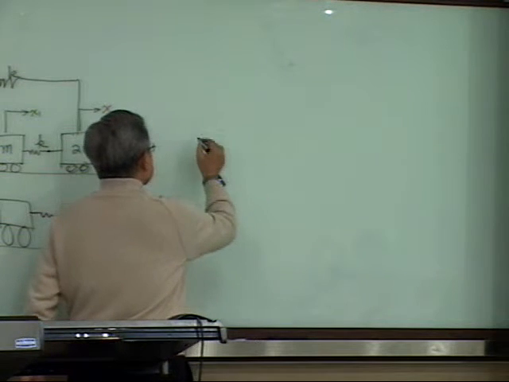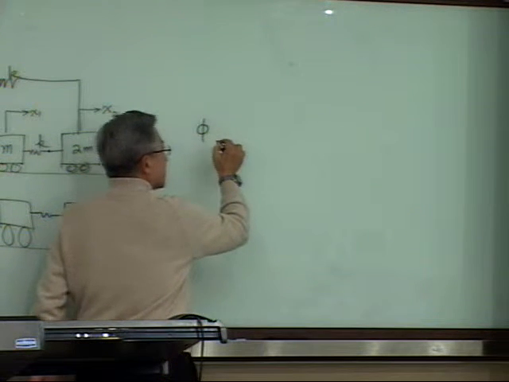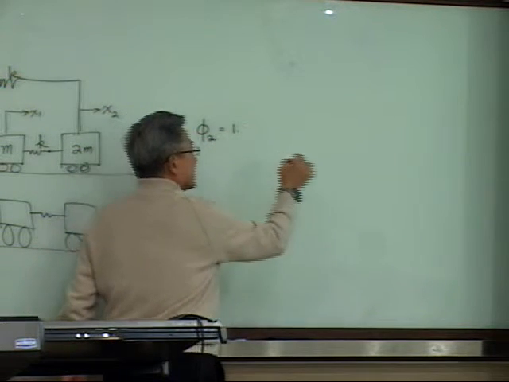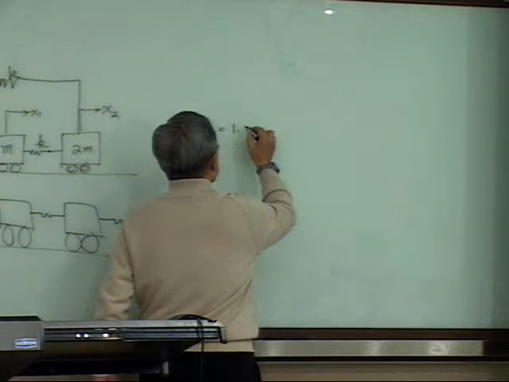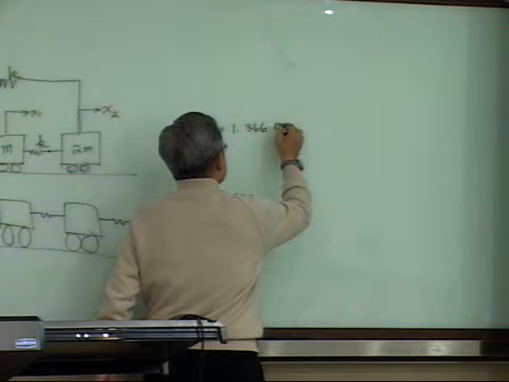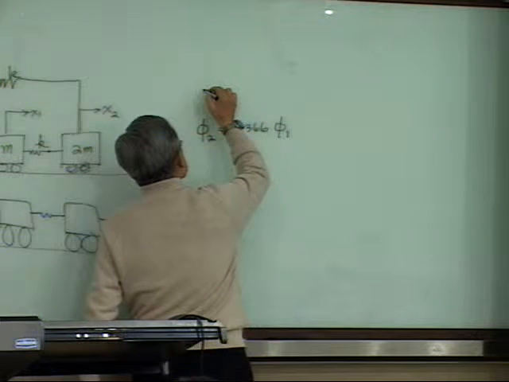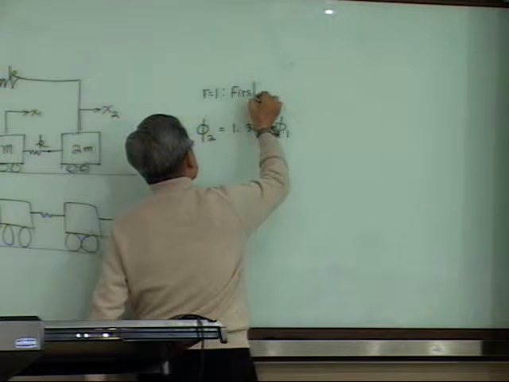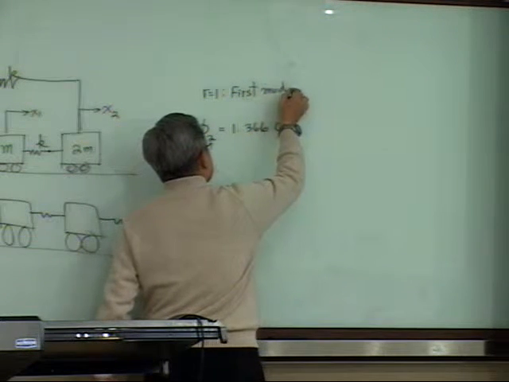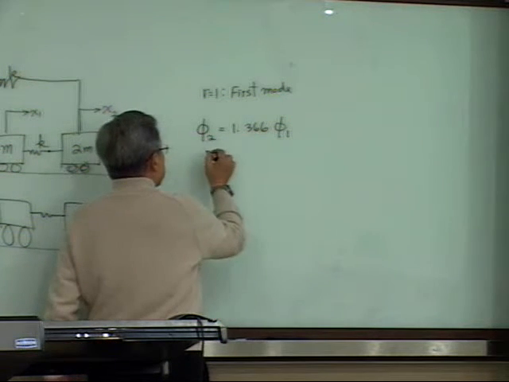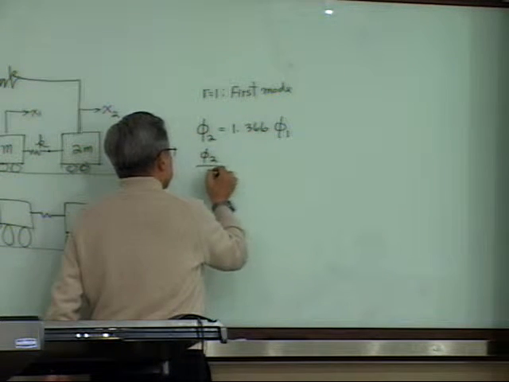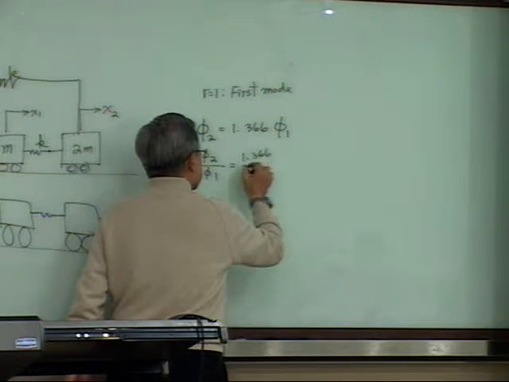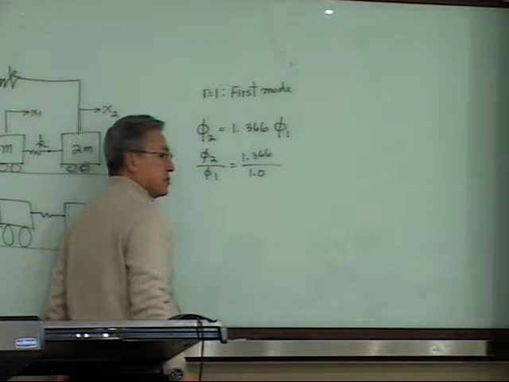So V2 of the first mode is equal to 1.366 V1, which is the R equal to 1 situation. Or, if I rewrite this, V2 over V1 is equal to 1.366 over 1.0.